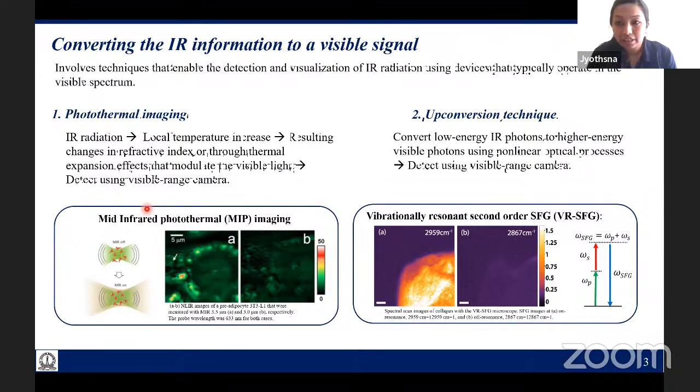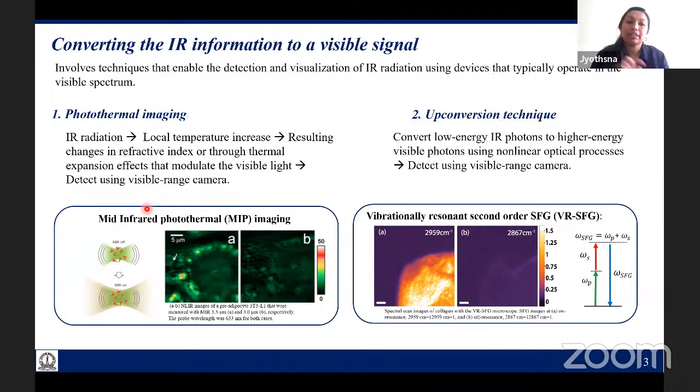There are several techniques which people have already used to convert the IR information to visible signal. One such technique is photothermal imaging. How it works is we use an IR radiation that causes a local temperature increase in the sample, and we use an additional probe that is in the visible range.